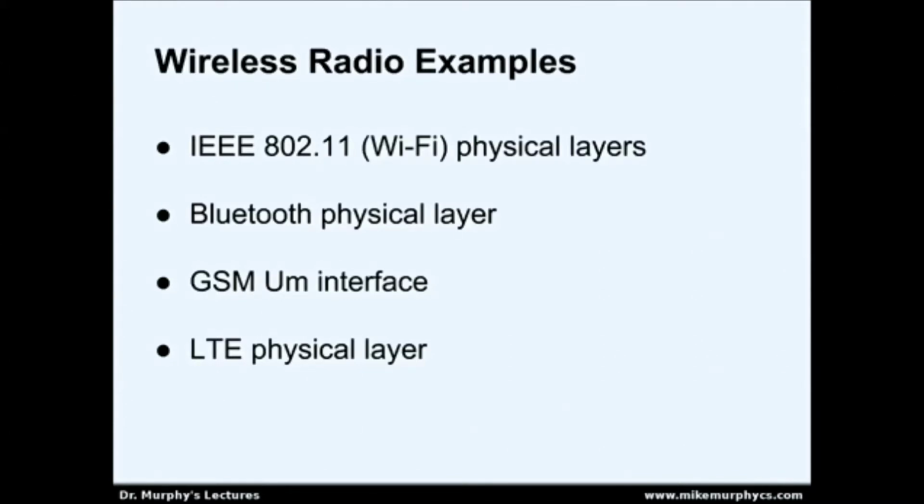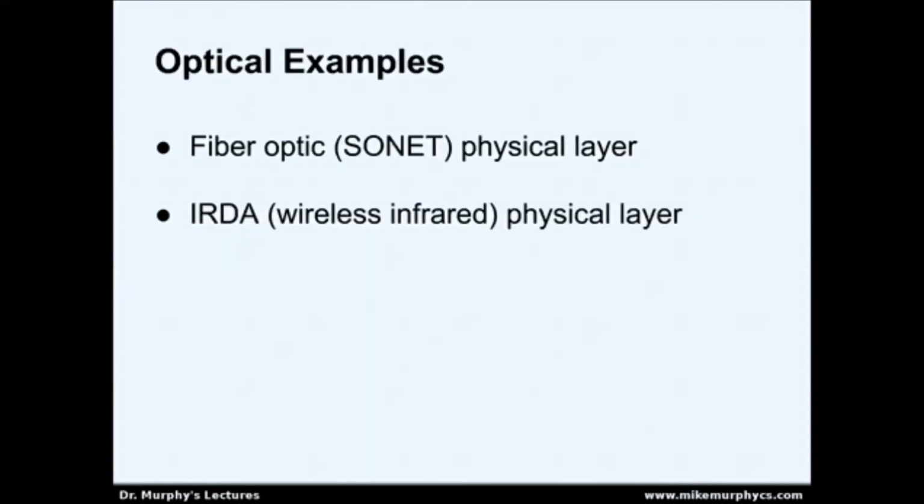So for example, for Wi-Fi or 802.11 devices, we actually do have a couple of different physical layer specifications depending on the standard revision. Bluetooth specifies its own type of physical layer, as does the GSM Um interface, or the UM interface, for 3G cell phones. And for 4G LTE cell phones, there's another LTE physical layer with its own specifications.